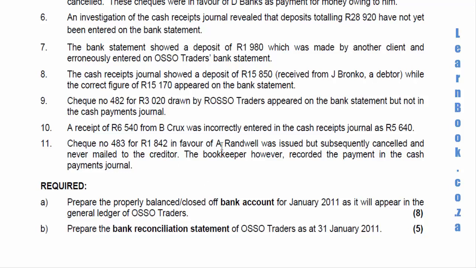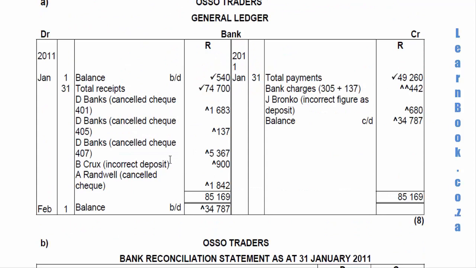So we have got to increase the bank ledger account by 900 Rand on the debit side, and the contra account is B Crux. Here we see 900 Rand is on the debit side.